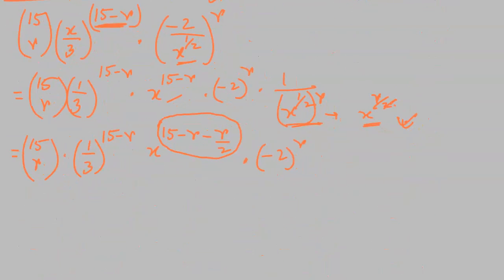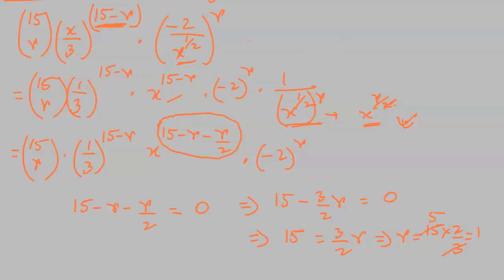So, 15 minus r over 2 is equal to 0, or 15 minus 3 over 2r is equal to 0, or 15 is equal to 3 over 2r, which gives the r value as 15 times 2 over 3, equal to 10. r is equal to 10.